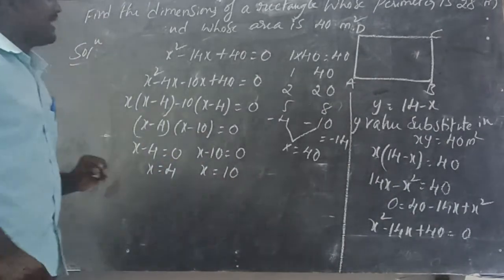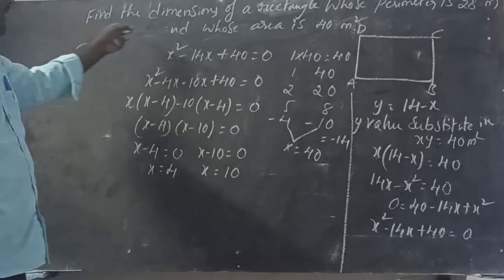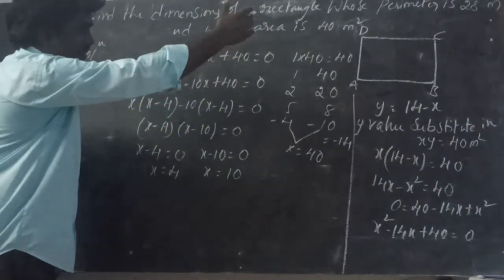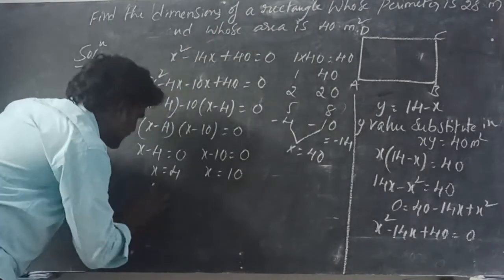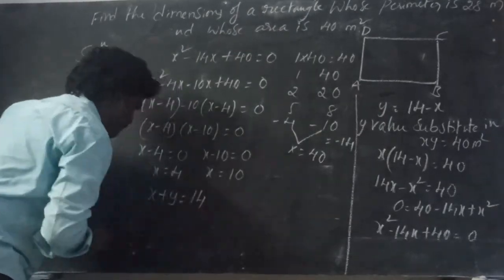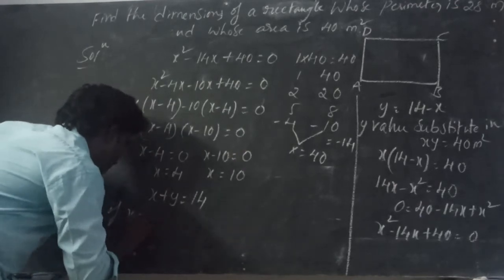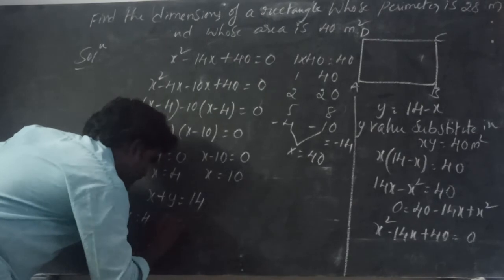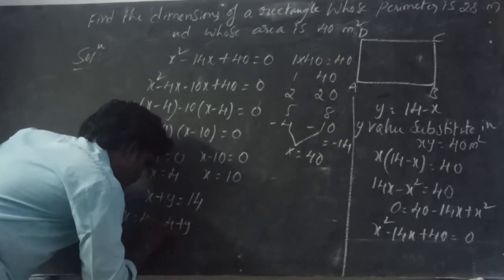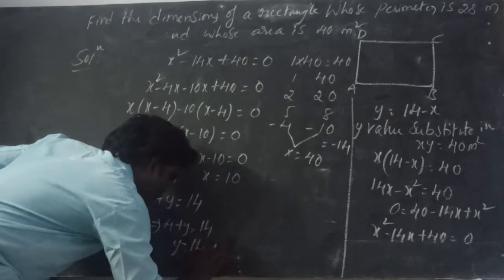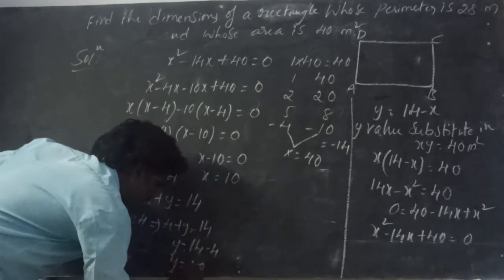Now, they are asking to find the dimensions of the rectangle. From the perimeter, we got x plus y is equal to 14. If x is equal to 4, that means the length is 4, then 4 plus y is equal to 14, y is equal to 14 minus 4, which is 10.